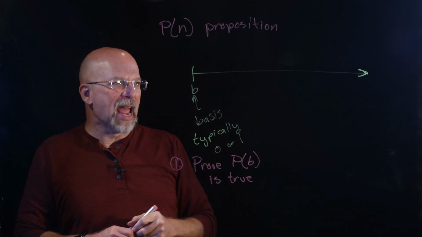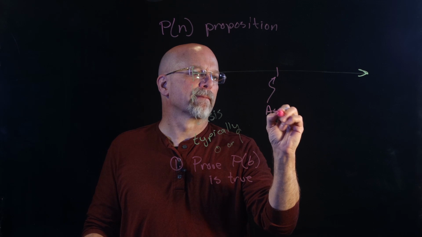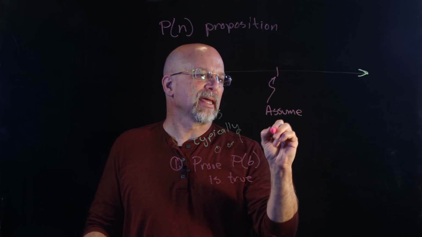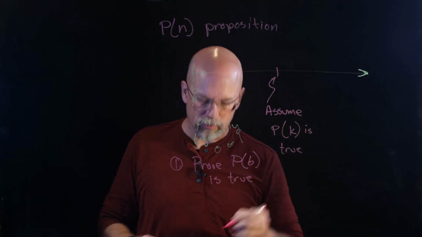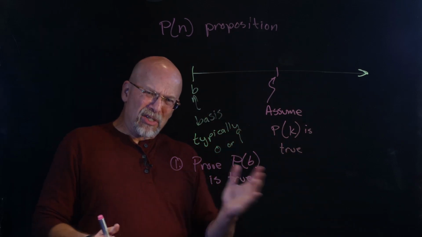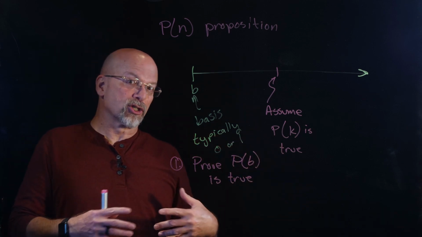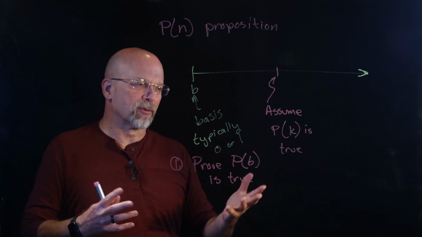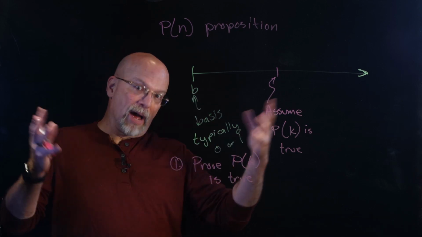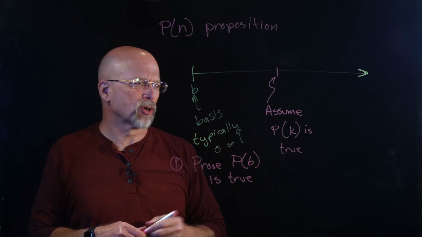All right. Now, the next thing that we do is we assume P of K is true. And this is where things get a little funky. What you're looking at is saying, okay, let's assume that for some K, and I'm not defining K, I'm not saying K is equal to 5, I'm saying that for some random K that we're not defining, go ahead and assume it's true.